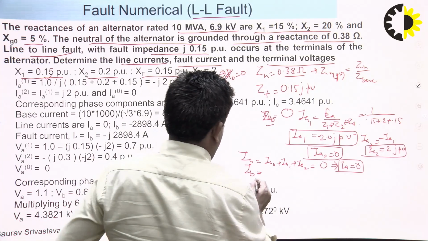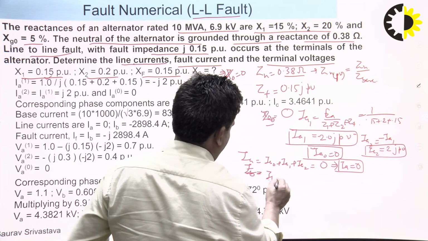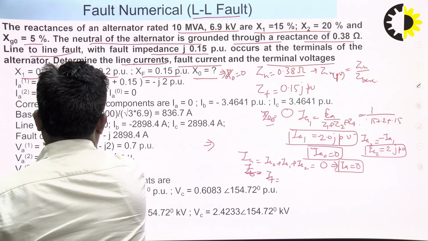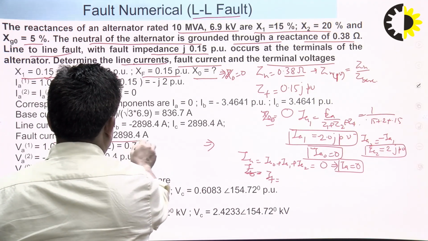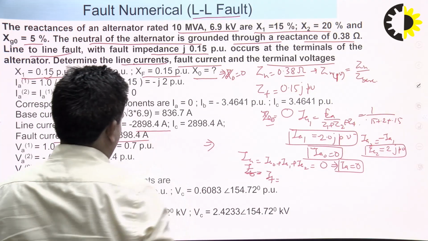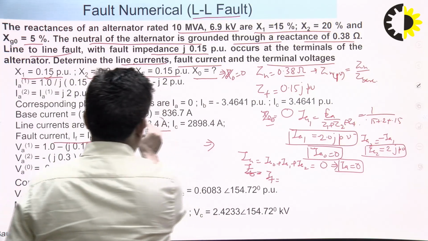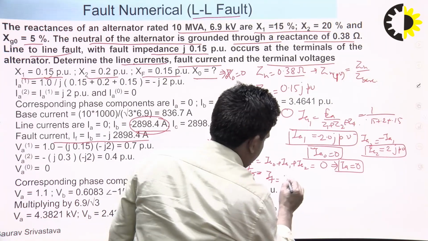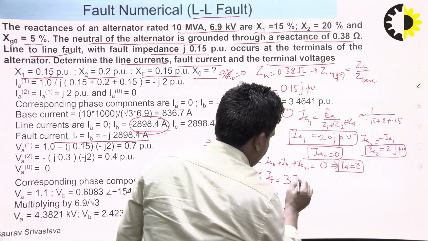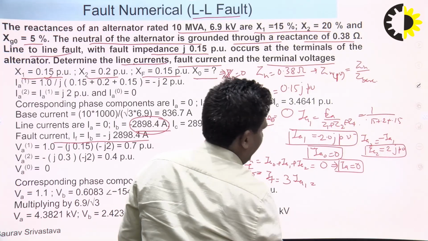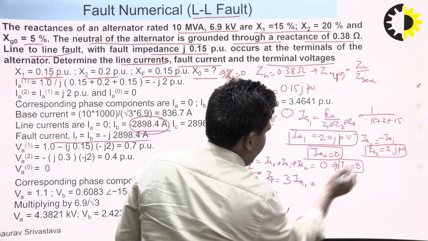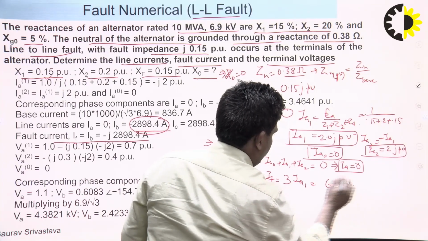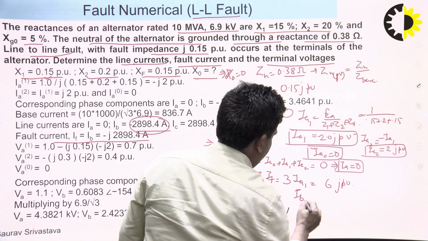So the fault current IF is equal to what you have just calculated, the fault current because of IB. How is this calculated? 3 times IA1. IA1 is calculated as 36J per unit, but we have to calculate I base.